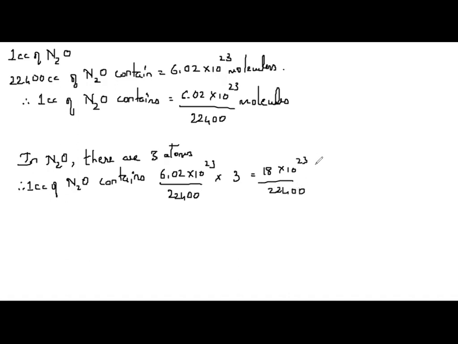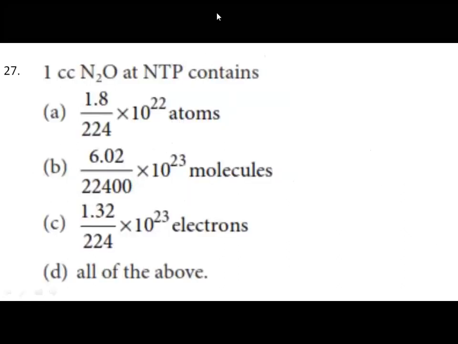This becomes 10 raised to 21, or I can write it as 1.8 divided by 224 into 10 raised to 22 number of atoms. Check out the option. Yes, this option is also present. So option A is also correct.